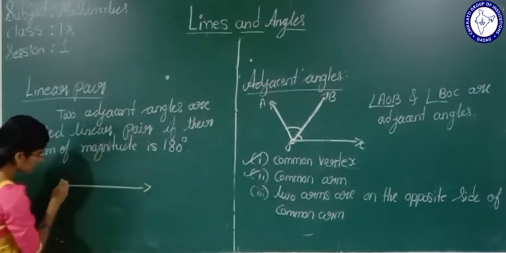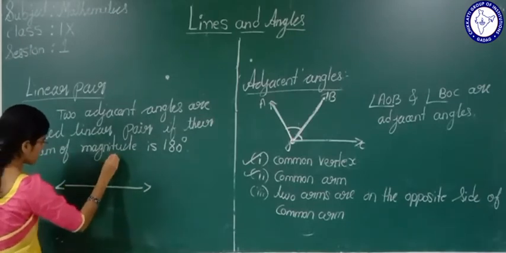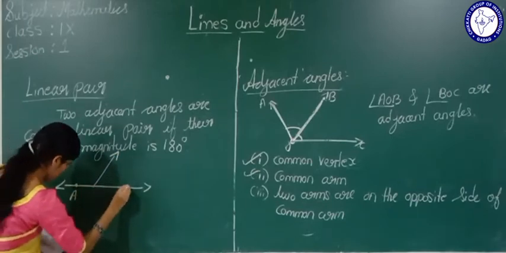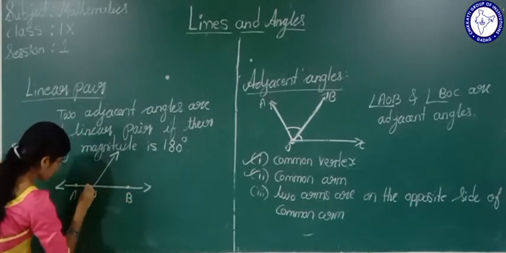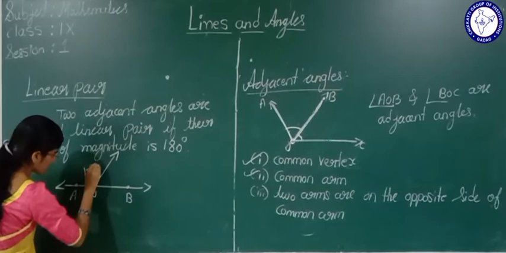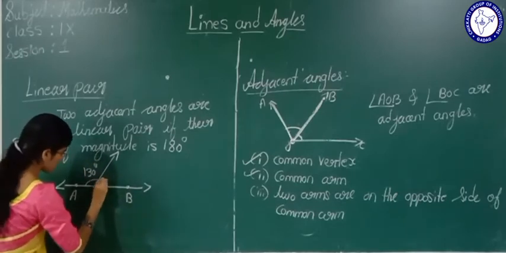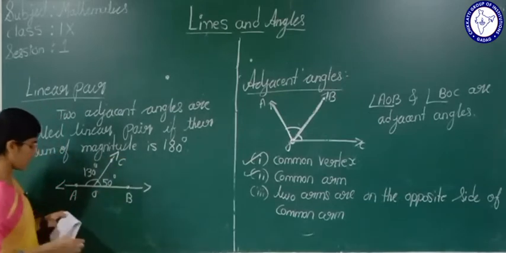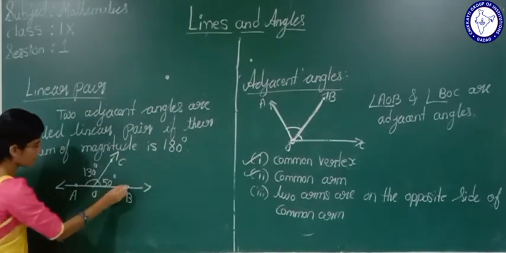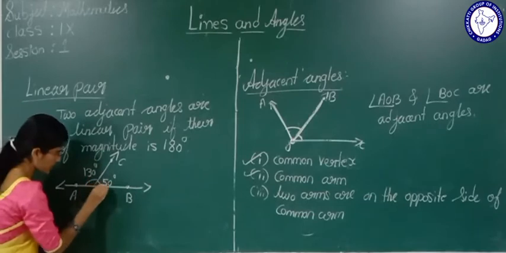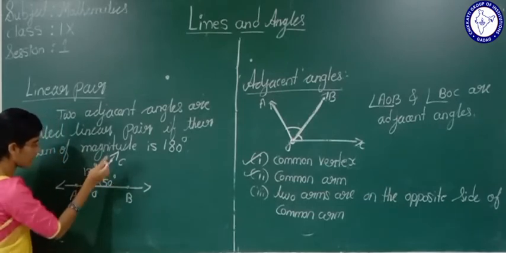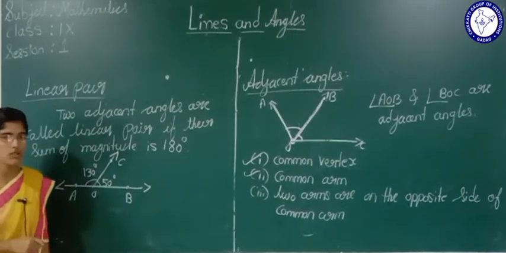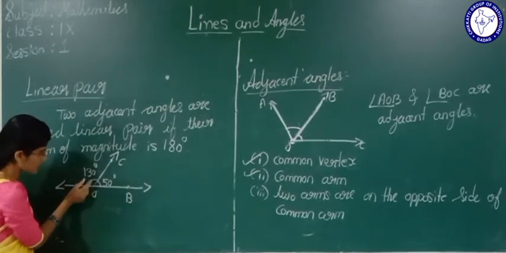Now see here, in the figure BOC and AOC are adjacent angles. Yes or no? See here, these two are adjacent angles.